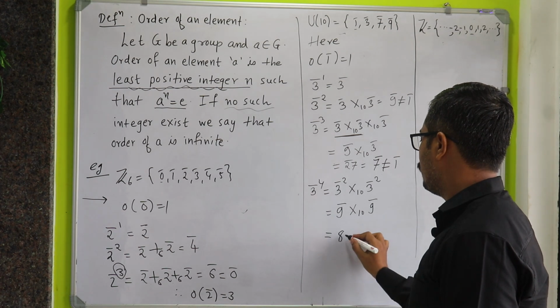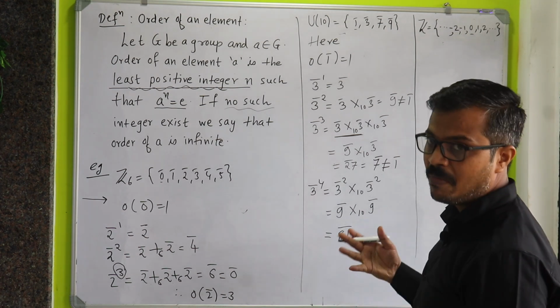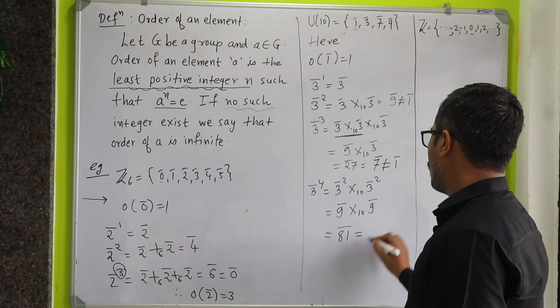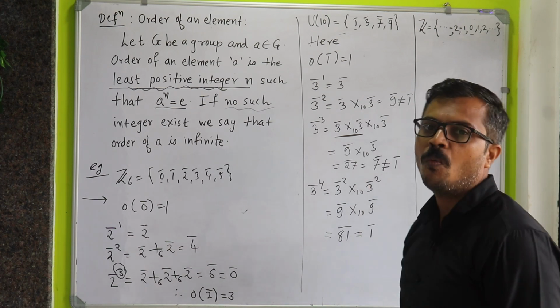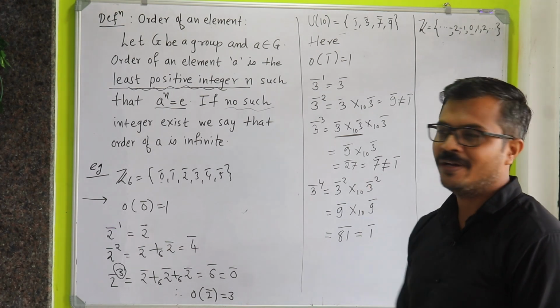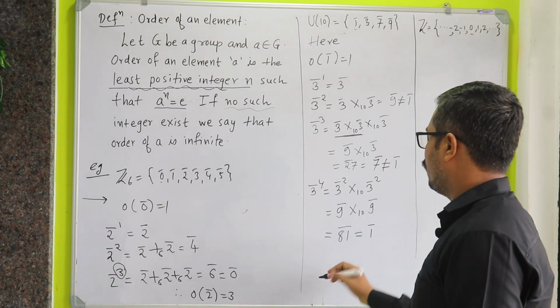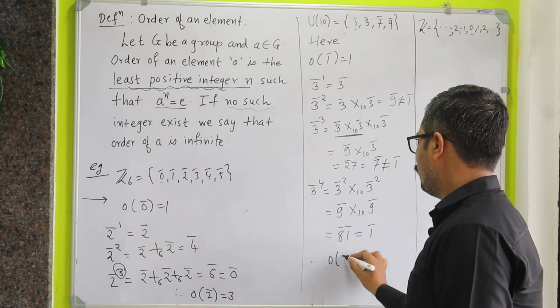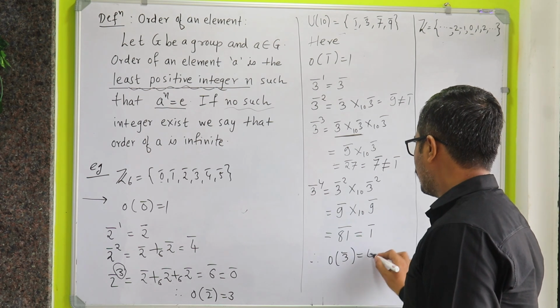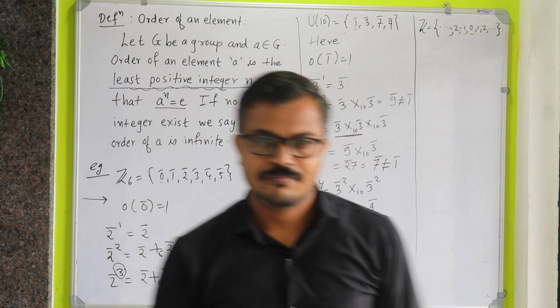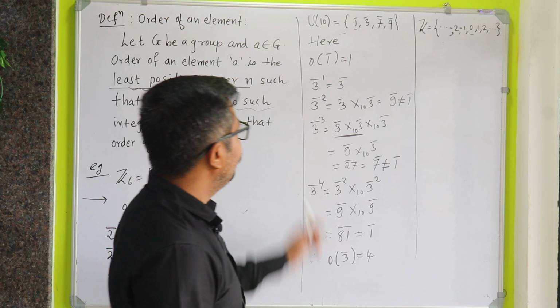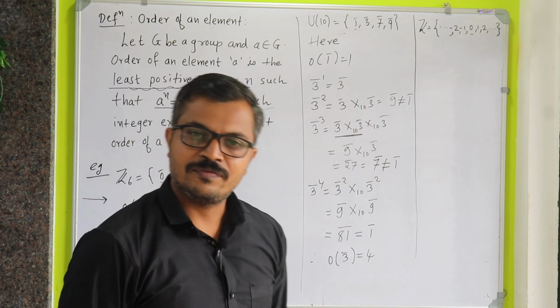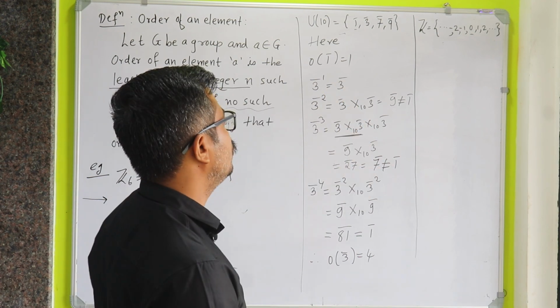And 9 nines are 81 bar, but 81 bar modulo 10 is going to be 1 bar, and that is nothing but the identity element of U10, and therefore the order of 3 bar is going to be 4. Similarly, we can find the order of the rest of the elements, which I leave to you.